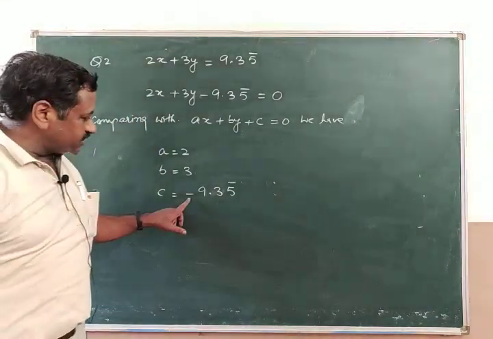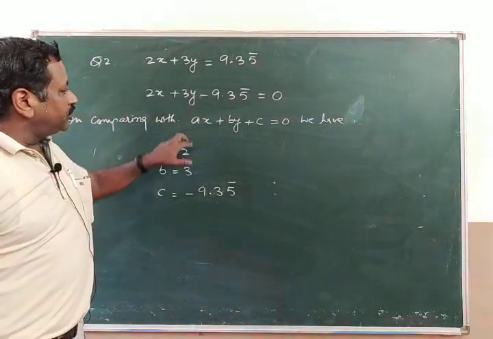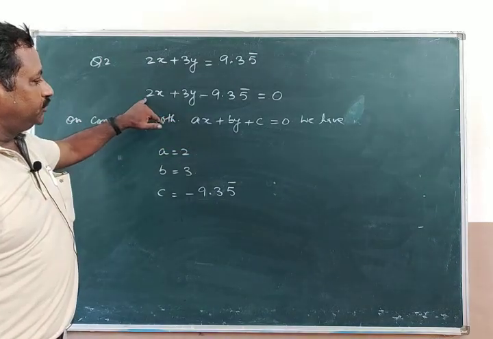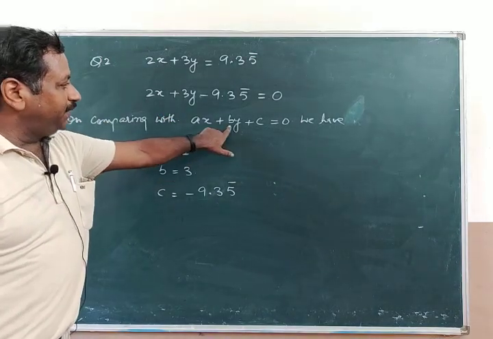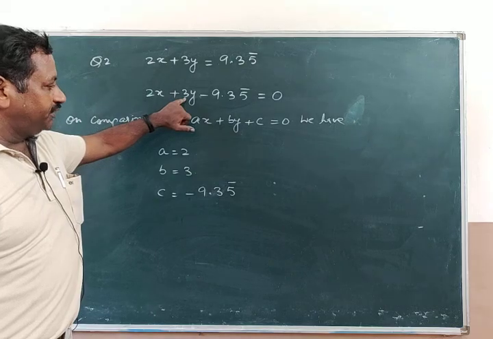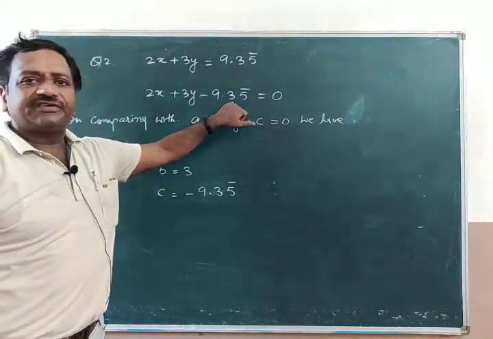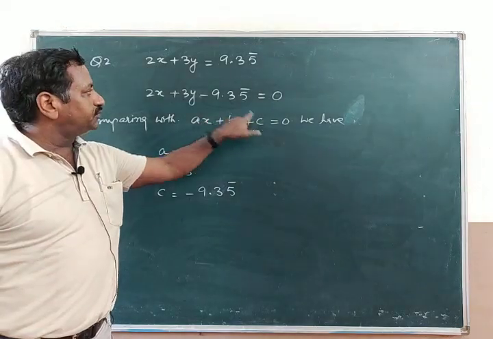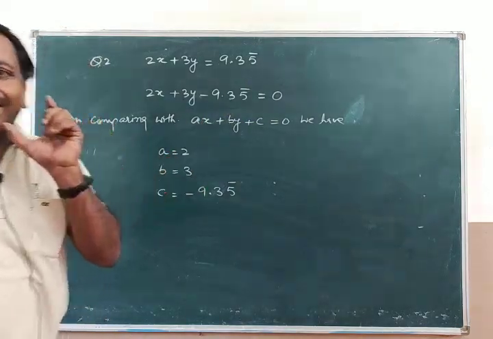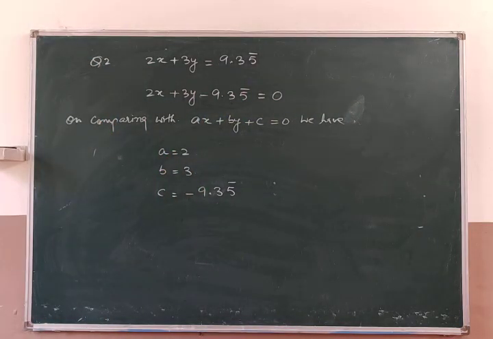Now this minus will also be there, because a is positive, no need to put the sign. B also positive, no need to put the sign. But c is negative here. So the value of c is negative 9.35 under the bar.